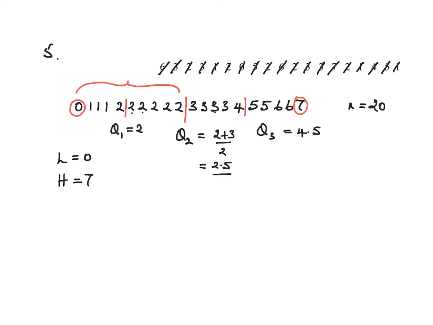So if I draw a number line and let me just put the numbers, so 0 to 7 would be fine. And I'll put in 8.